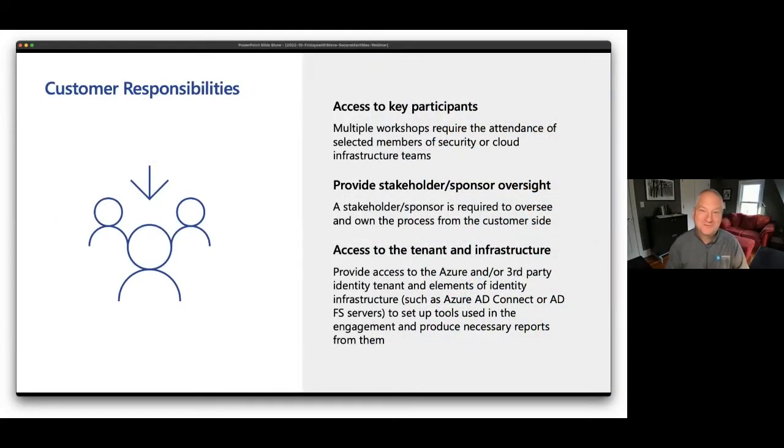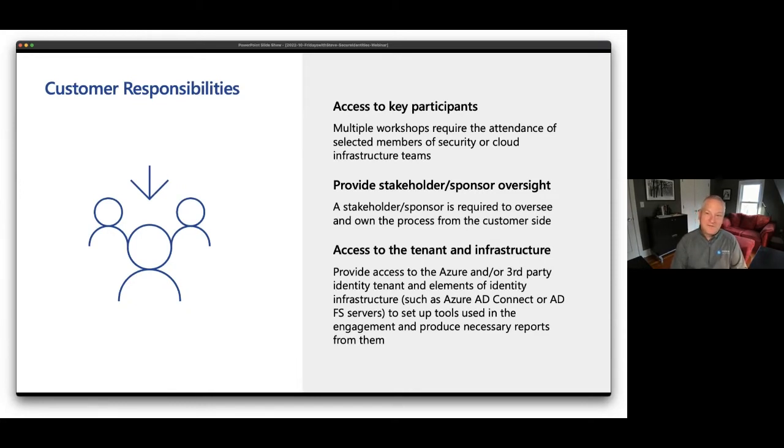There are some customer responsibilities, right? The most successful workshops are where the customer is very engaged and there is a high degree of partnership, and stakeholders and executive sponsors are all aligned. I've done a couple that were suboptimal, right?